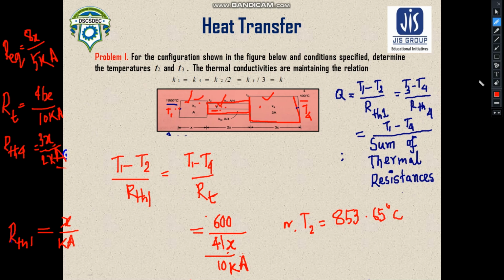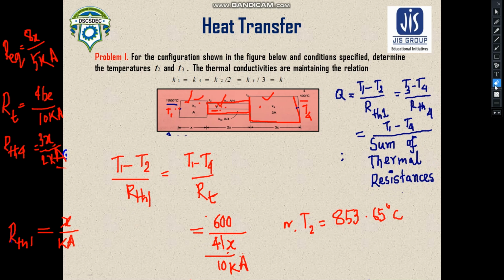Now what we will be doing is equating these two equations. From this understanding, you know the same heat is flowing through the different walls. So we can write that T3 minus T4 divided by the thermal resistance RTH4 would be equal to T1 minus T4 divided by the sum of thermal resistances.